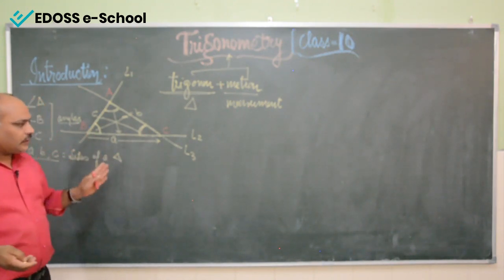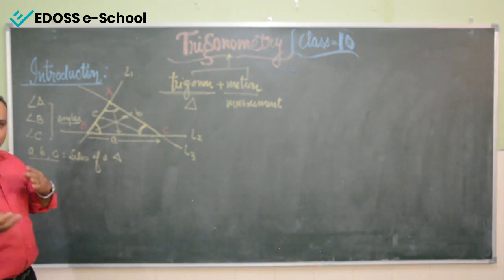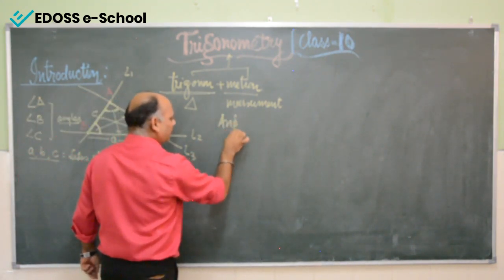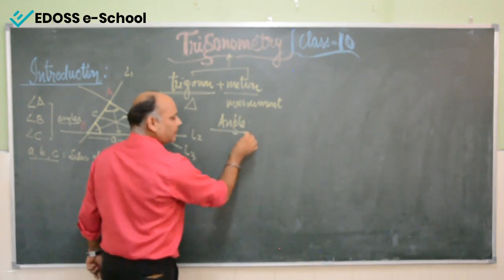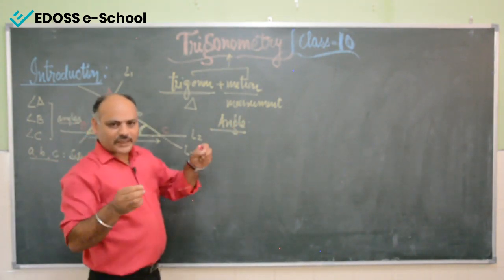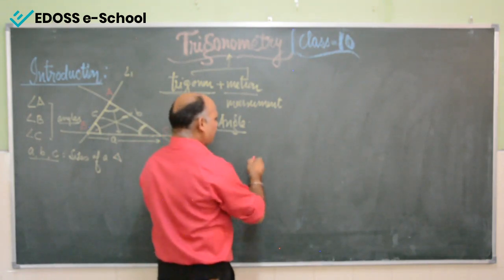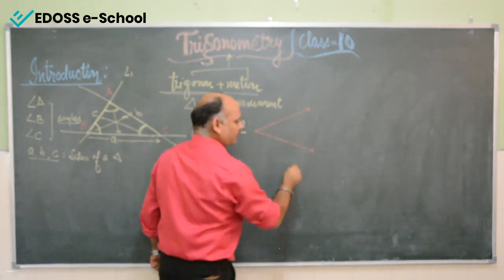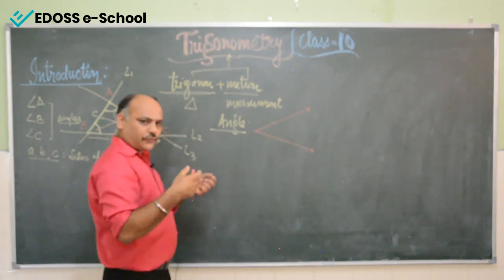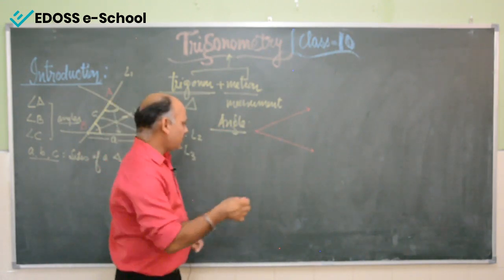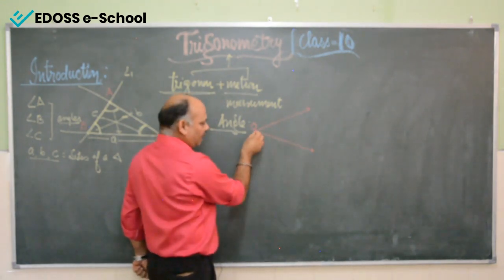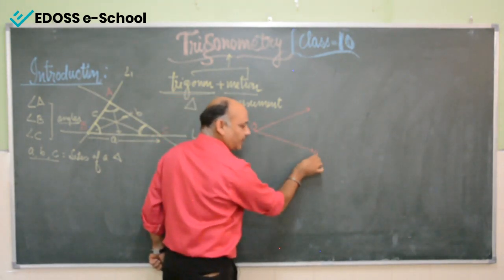Now the first thing I want to say is about the angle. What is an angle? Suppose there are two rays, this is ray 1 and this is ray 2. A ray has only one end point. This is the point O. Then OA is a ray and OB is also a ray.